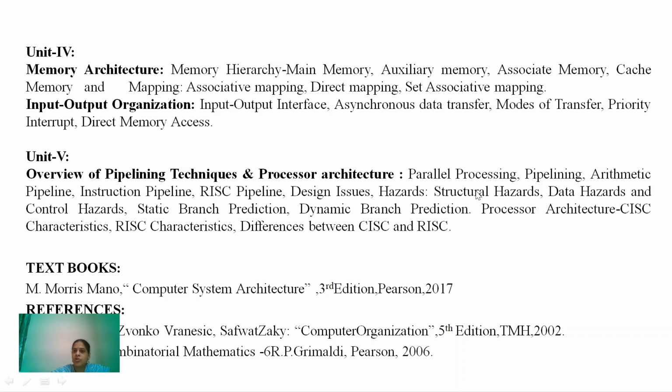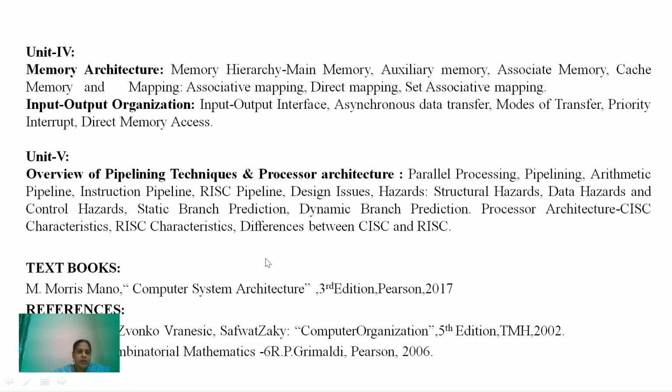We are going to talk about structural hazards, data hazards, and control hazards. We are also going to discuss branch prediction techniques like static branch prediction and dynamic branch prediction. Then, moving on to the processor architecture, there are two types of architectures, CISC and RISC. We are going to see the characteristics of RISC and CISC as well as the differences between them.